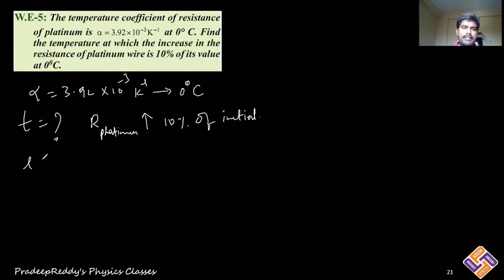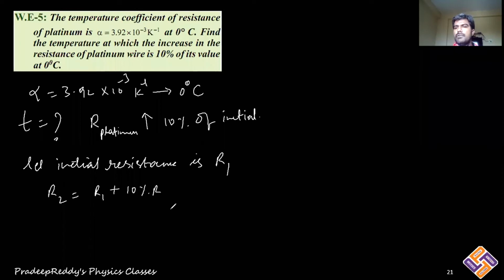So I'll write, let initial resistance be R1. Then how do you write R2? R2 is equal to R1 plus 10% of R1. What is happening? R1 value as it is will be there, and for that it is 10% increased.